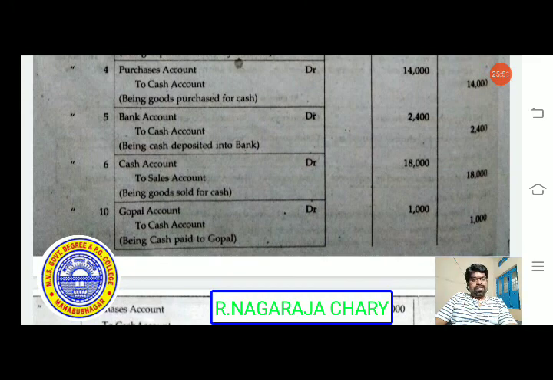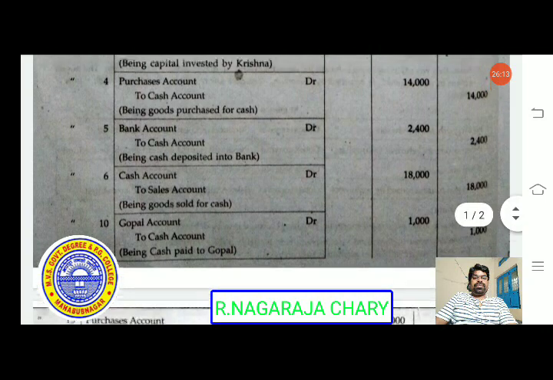In this transaction we have two aspects, one is real accounts, another is nominal accounts. According to nominal accounts, we have to credit sales account. According to real accounts, cash is to be debited. So cash account debtor to sales account, 18,000 and 18,000. Here the narration is being goods sold for cash, right.